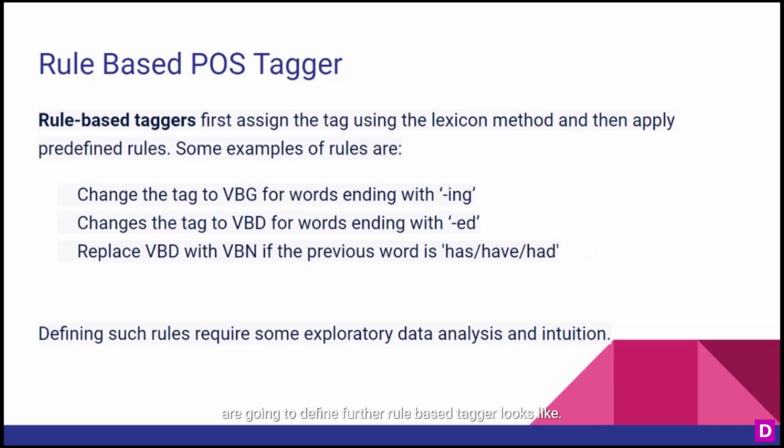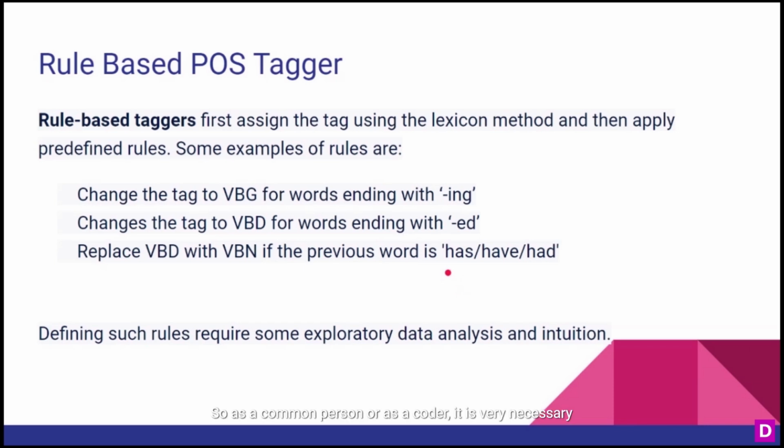So these are basic examples of what the rules we define for the rule-based tagger look like. Defining these kinds of rules requires some exemplary analysis, like intuition behind the words. It requires some idea of the text corpus, a large amount of it, before we define these rules.